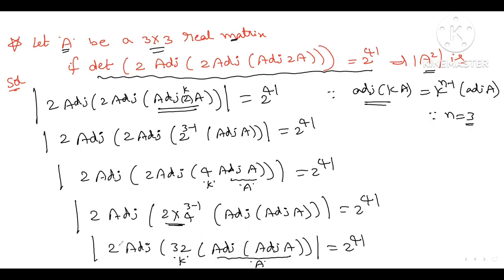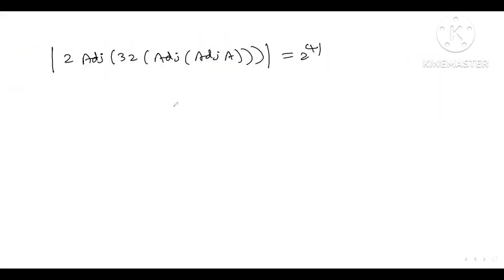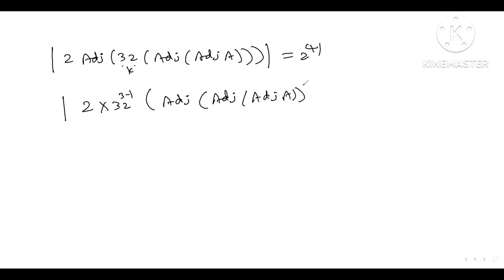This is the previous step. Now applying the same formula, K value here is 32, and K to the power n minus 1 is 32 to the power 3 minus 1 into adjoint of A is equal to 2 to the power 41.